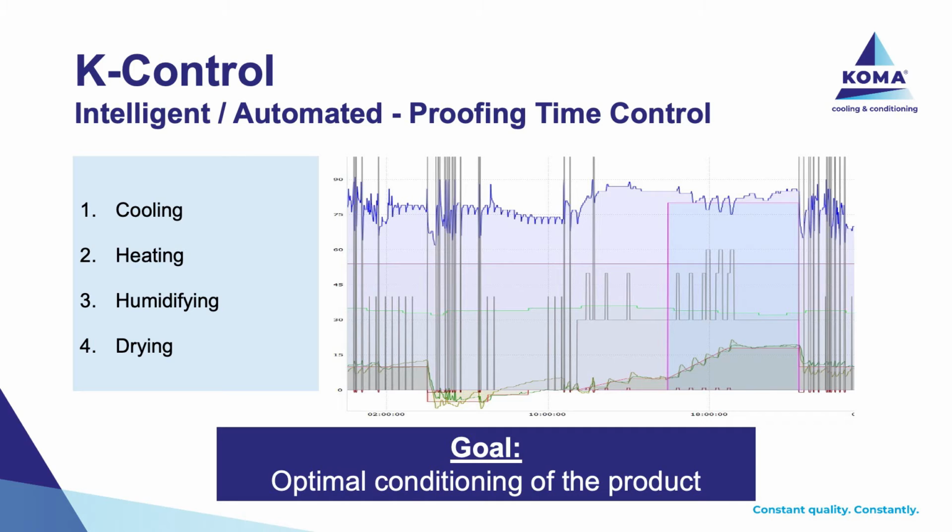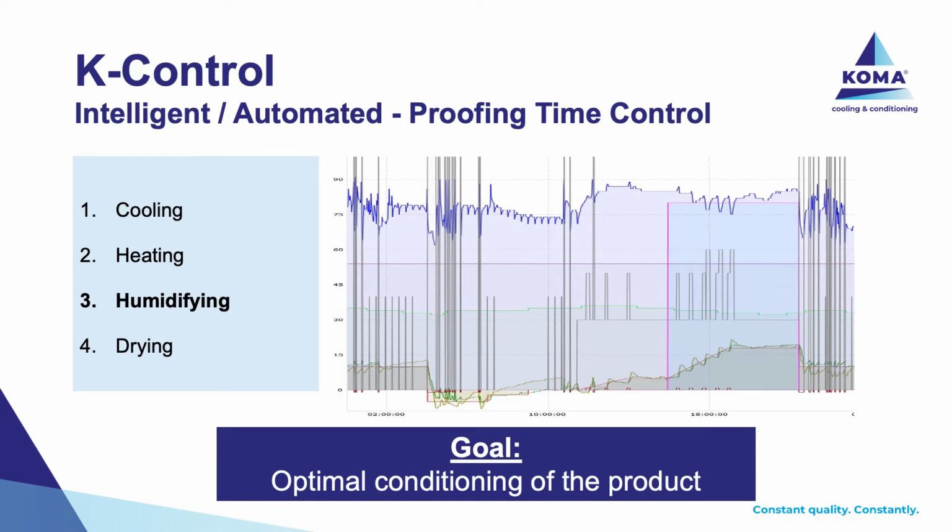What we see in this slide is that we can graphically show and see what the room is doing in which phase. Basically we're talking about 4 phases: cooling phase down the product, to heat up the room whenever a product needs to go into a proofing phase.